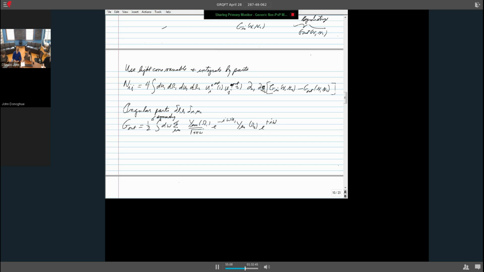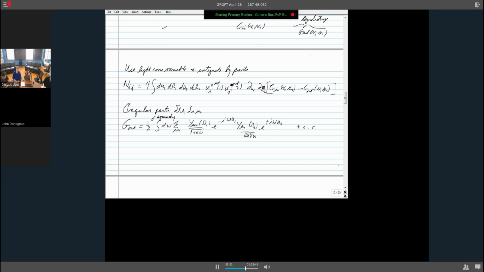So the angular parts just give delta L1, L2, delta M1, M2. So that's okay. Actually, I'm one step ahead of myself.